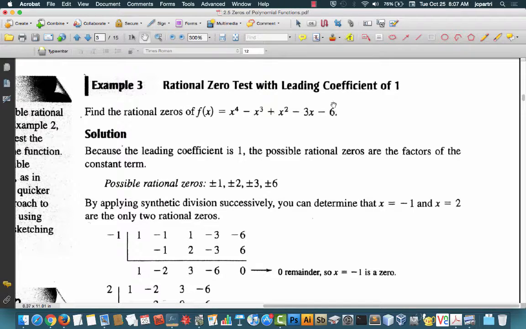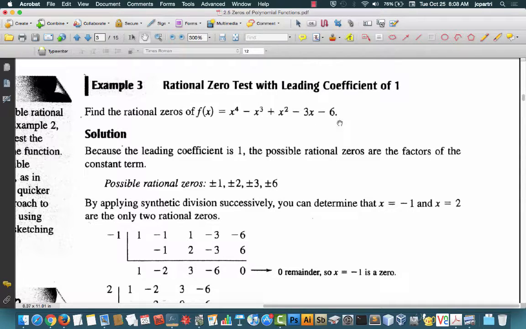Now, technically what you do is this. You have to find all the integer divisors of -6, and you have to find all the integer divisors of 1. So what numbers divide into 6? Well, 1 divides into -6. -1 also divides nicely into -6. 2 and -2 divide nicely into -6. 3 and -3 divide nicely into -6.